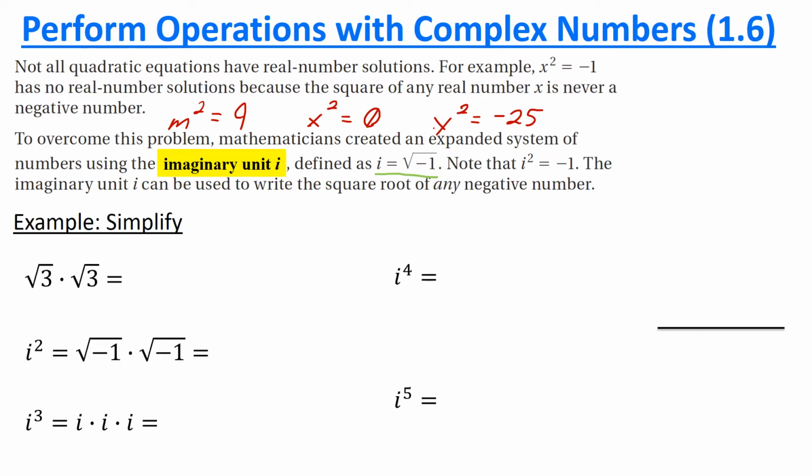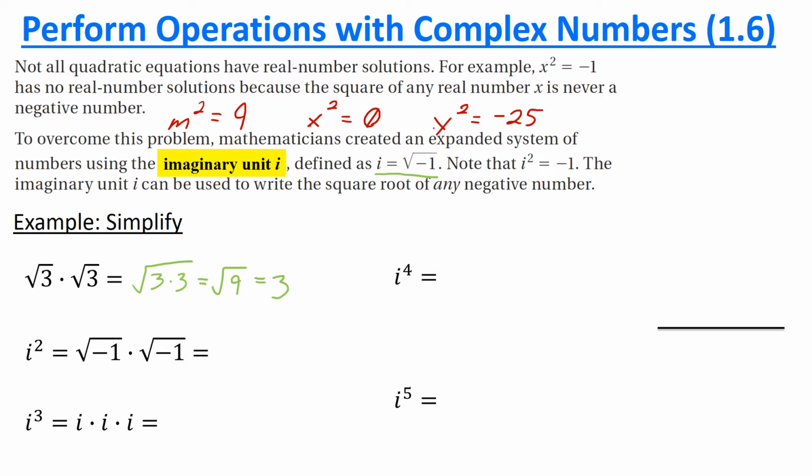Let's first do a few examples. All right, if we have radical 3 times radical 3, that is the square root of 3 times 3, which is the square root of 9, which equals 3.